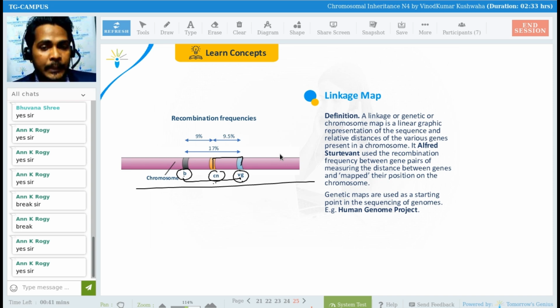So the frequency of crossing over takes place here, and hence the recombination between two genes is directly proportional to the physical distance between the two.